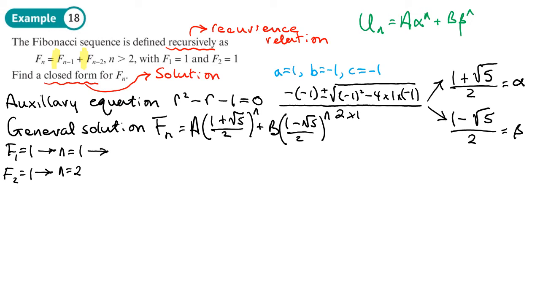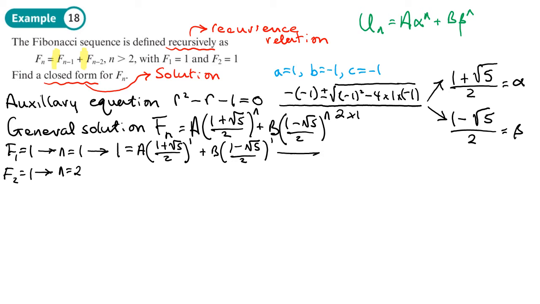So the first one's going to be f1, which is 1, equals a times 1 plus root 5 over 2 all to the power 1 plus b times 1 minus root 5 over 2 all to the power 1.